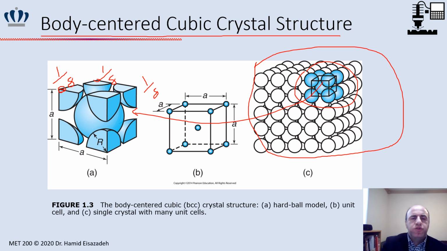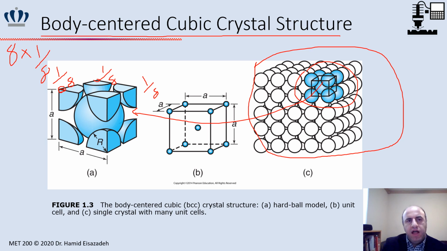So we have eight atoms in total, of which 1/8 of each is within the unit cell.